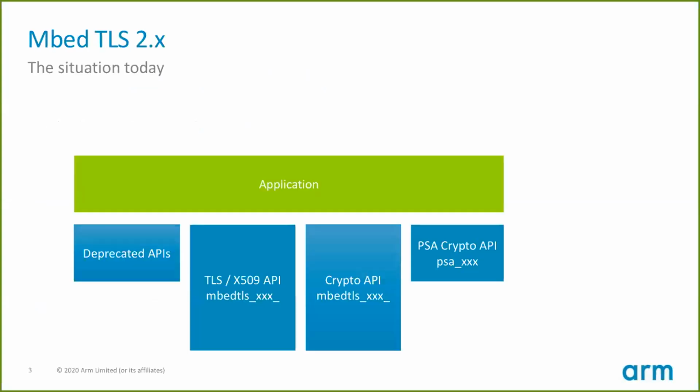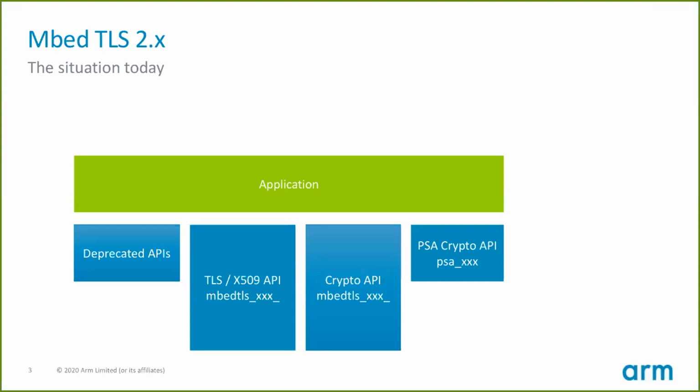The situation today is that we have Mbed TLS 2.x versions. There are a number of deprecated functions in that, and deprecated build options as well. Visible to the application, there are a number of functions called mbedtls_something, and the library is divided into three parts: TLS, X509 and crypto.